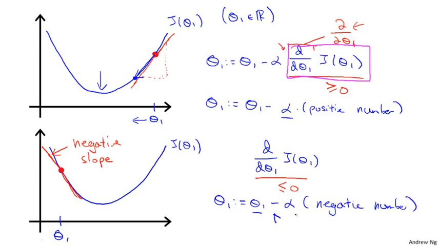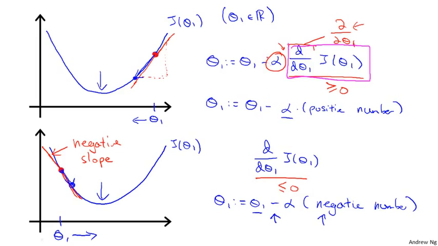It means I'm adding something to theta. And so I'm going to start here and increase theta, which again seems like the thing I wanted to do to get me closer to the minimum. So this hopefully explains the intuition behind what the derivative term is doing. Let's next take a look at the learning rate term alpha and try to figure out what that's doing.